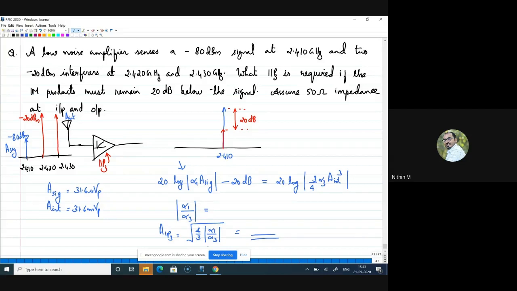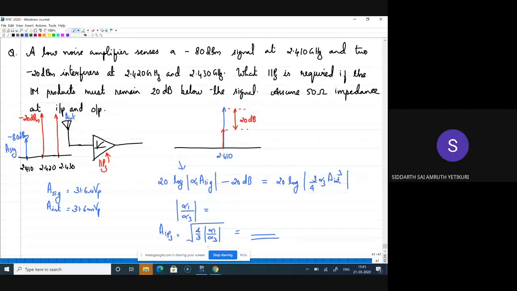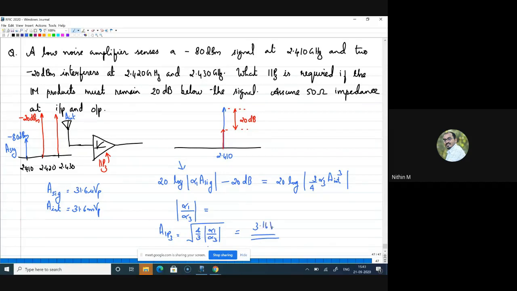Any answers? Sir, is it root 10? Yes, probably it is root 10. Let me check. Yes, it is 3.16 volt peak. Yes, sir. Yeah, right. Now, yeah, I got it.